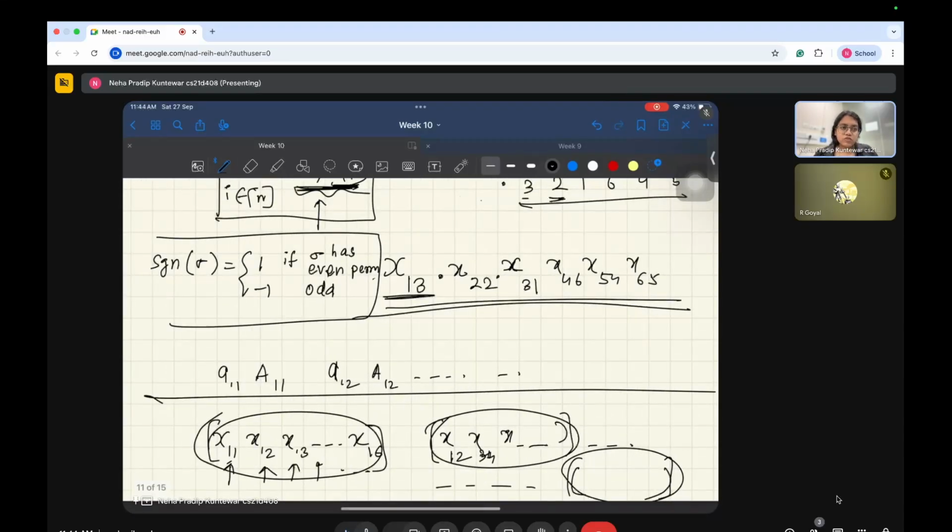Each term corresponds to a permutation. If the sign associated with it is a plus, then we write a plus here. If the sign associated with it is a minus, then we write a minus 1 times the monomial.